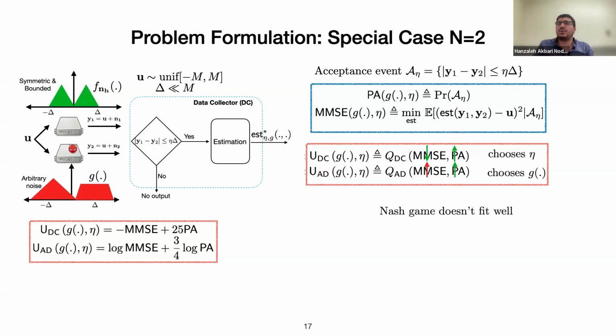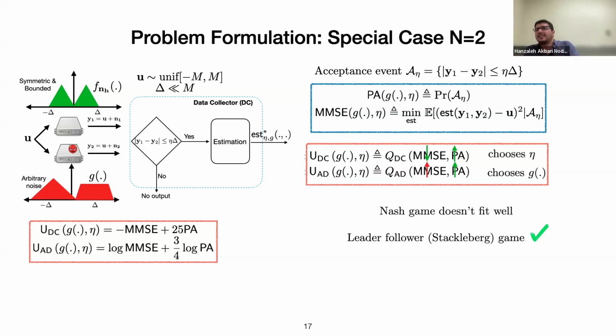So we have some ordering here. It seems that the data collector is the leader. It's committing something first, and then the adversary is doing something in response to the actions of the leader. And this scheme, leader-follower, is analyzed in some class of games which are called Stackelberg.